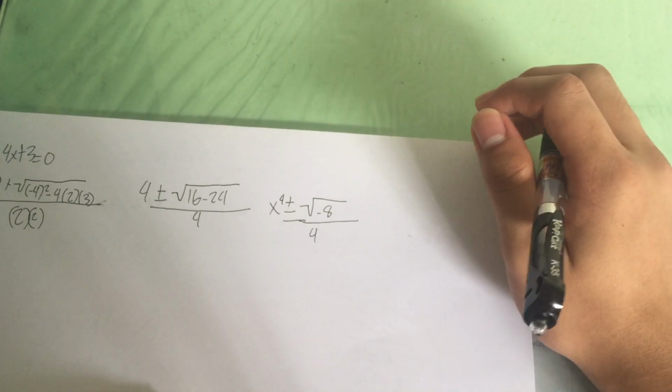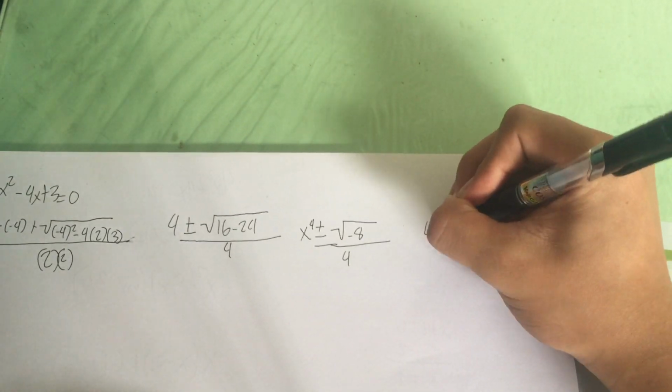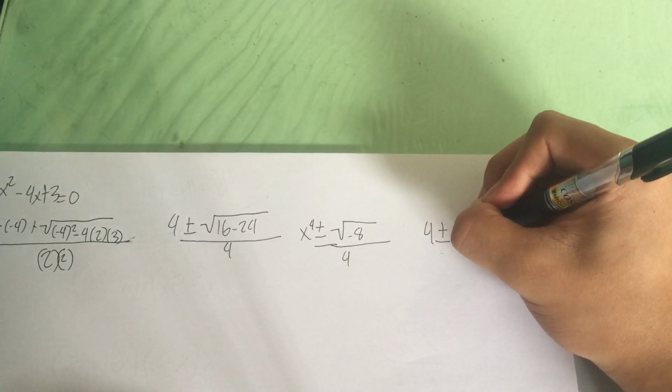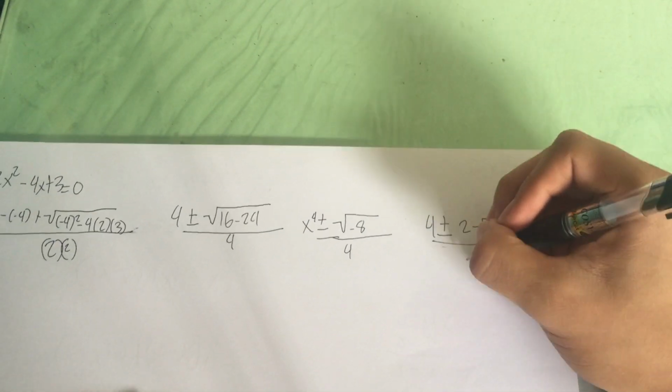Now your answer will be 4 plus or minus 2 root 2 i over 4.